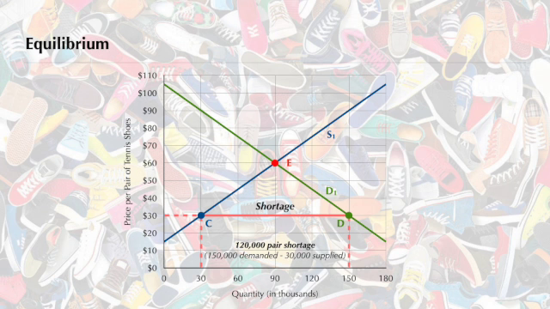At this price, they are willing to produce 30,000 pairs of tennis shoes, point C. The quantity demanded at this price, however, is greater than 30,000 pairs. At a price of $30, consumers are willing and able to buy as many as 150,000 pairs of shoes, point D. The result is a shortage of 120,000 pairs, or 150,000 pairs demanded minus 30,000 pairs supplied.